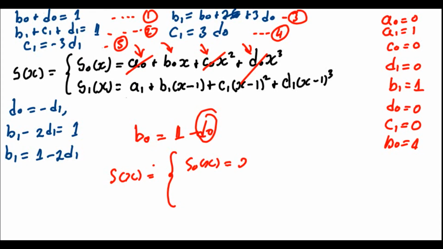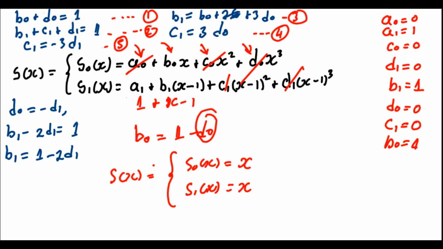So we just remain with x. Then for the second one, your a sub 1 is 1. Your b sub 1, we have found, is also 1. So when you multiply, it's just plus x minus 1. Your c sub 1 is 0. Your d sub 1 is 0. So 1 minus 1 is 0. So your s sub 1 of x is just equal to x as well.